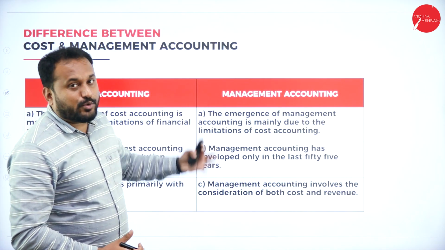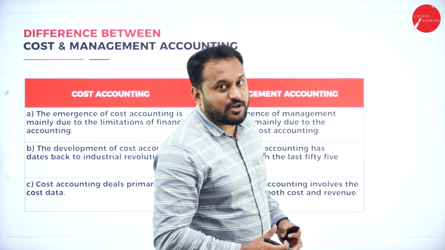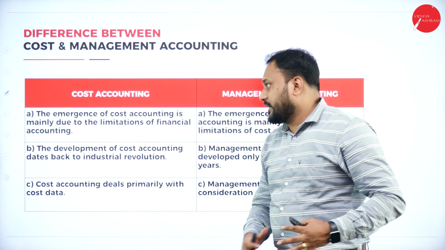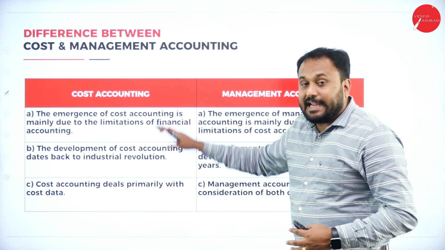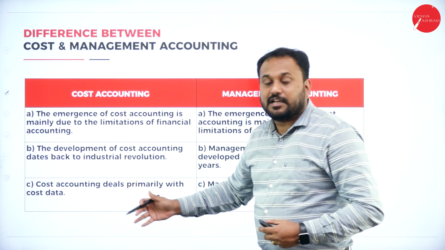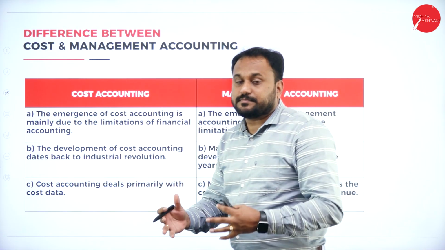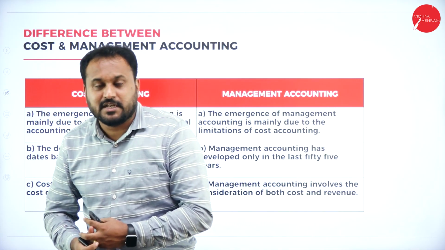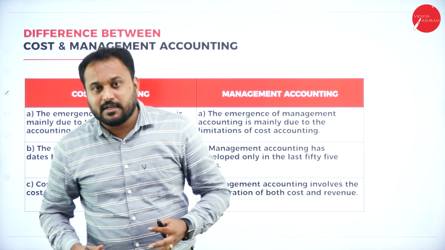Now you may get one more question, that is the difference between cost accounting and management accounting. For that, what you should do is write at least 10 points. Now here I have given, say, examples A, B, C. Now see and watch the concept classes. It is already there in your Google Classroom.